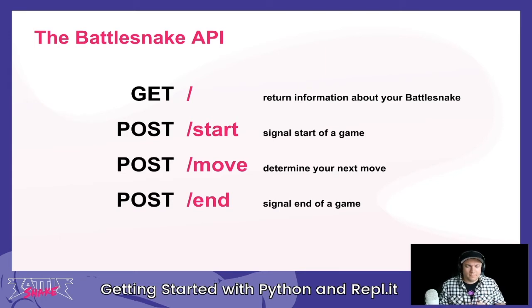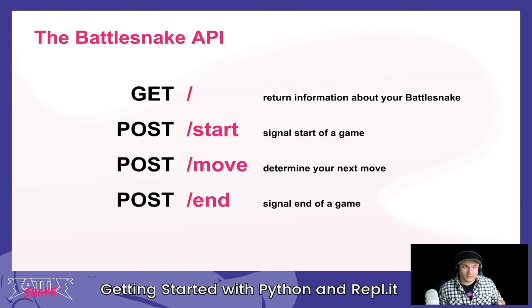The main request, the main API call that you're going to be implementing is the post/move command. So your Battlesnake web server is going to receive this request on every turn of the game, and you're going to have full information of where you are on the board, where the other Battlesnakes are on the board, where the food is, and you'll then make your decision.